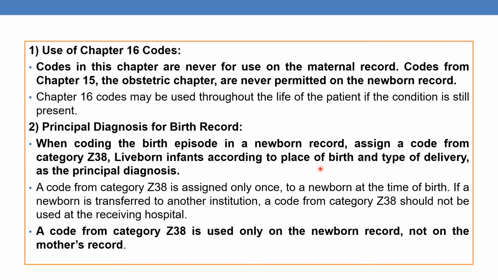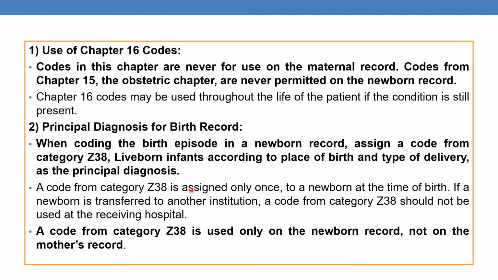There are different codes depending on whether the place of birth is a hospital or another place. Similarly, for type of delivery, whether it is vaginal or C-section. Whenever we are coding the birth episode on the newborn record, PDX should be from the Z38 series.